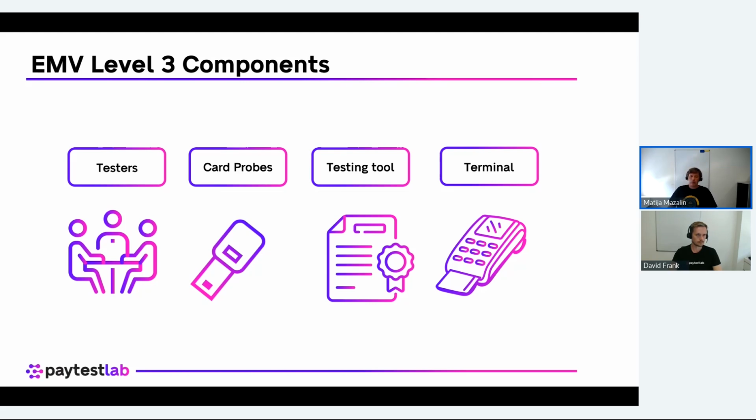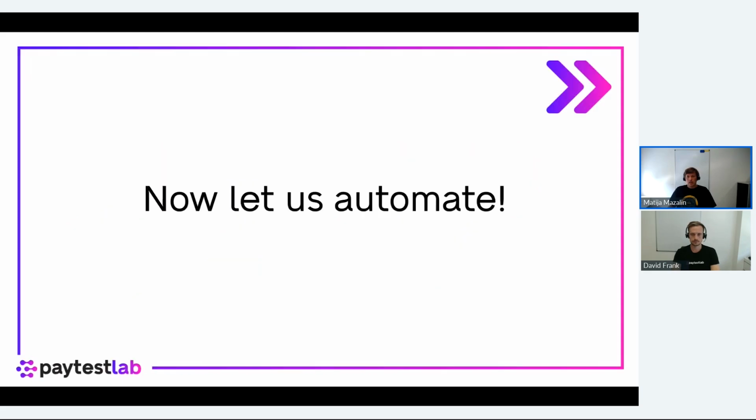Today we're going to show you how we do this with Fime BTT, and of course you need a pre-configured terminal with a connection to the backend hosts and everything around, so you are able to perform the tests. Now let's try to automate this a little bit.